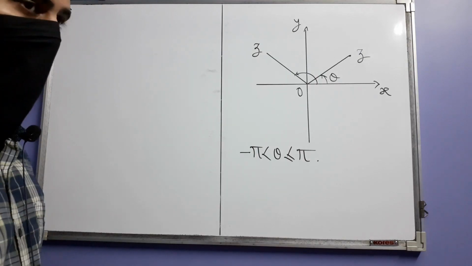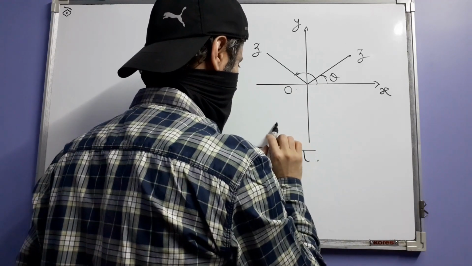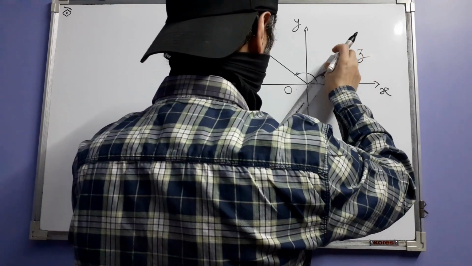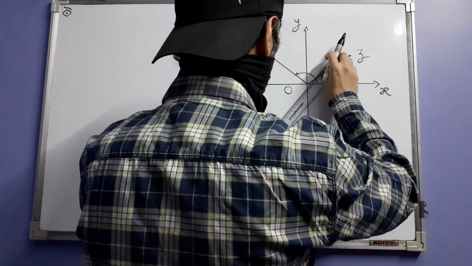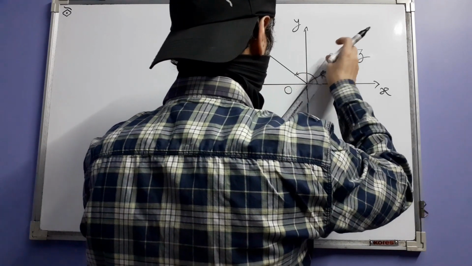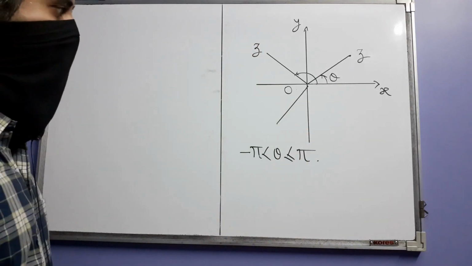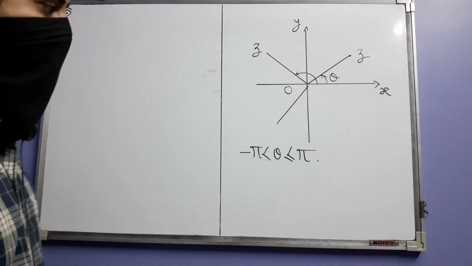However, if my complex number lies in the third quadrant, say here, then I can no longer consider anti-clockwise rotation. Yeah, I messed this up a little, but you understand the figure, it's supposed to go there.